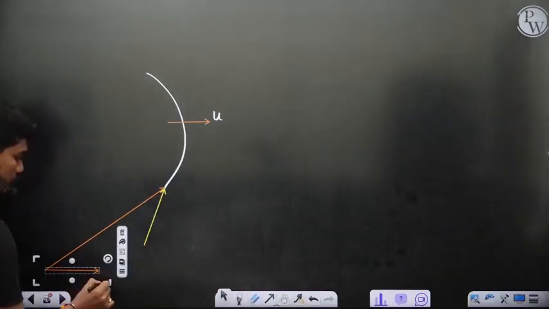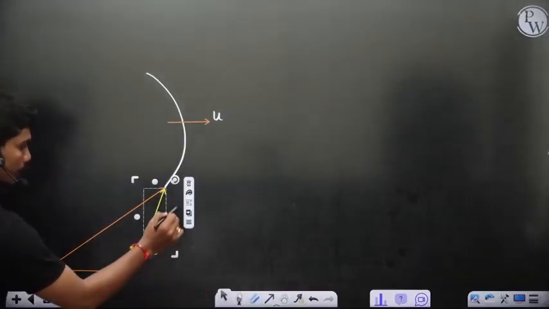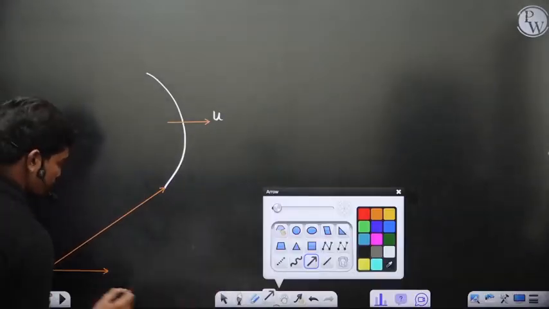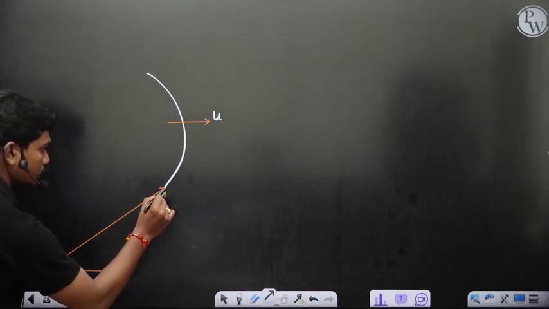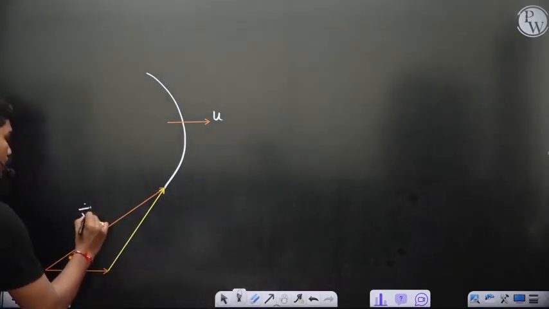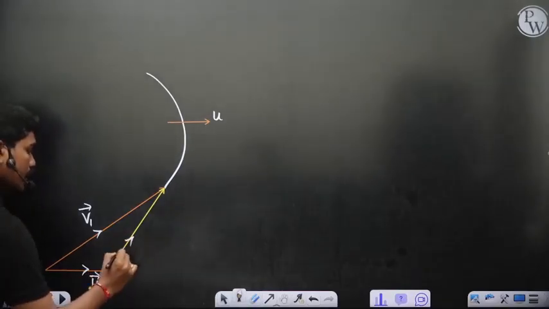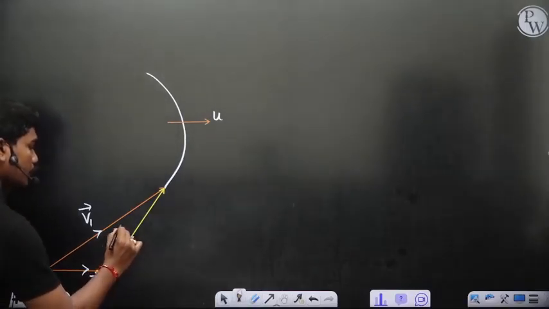So this is the velocity of the blade. Something like this. So this is VR1, V1, U1.